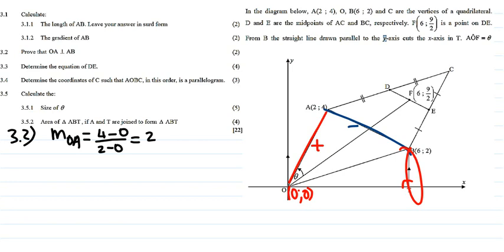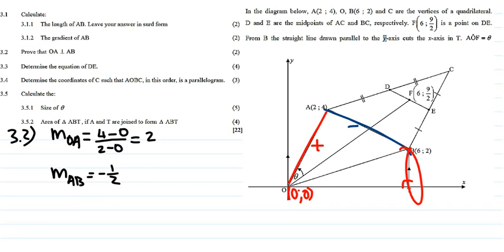Then separately from that, we calculate the gradient of AB. In fact, we found that in the previous question. And we know that the gradient of AB is what? -1/2. Now, let's take the product. Actually, I should not even say therefore because I'm still arguing my way through here.